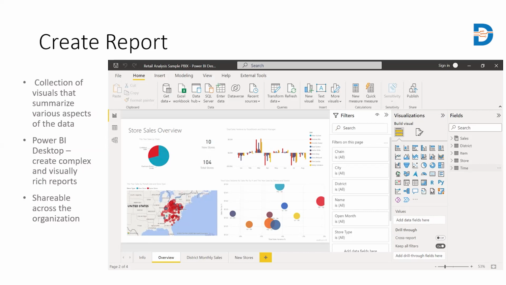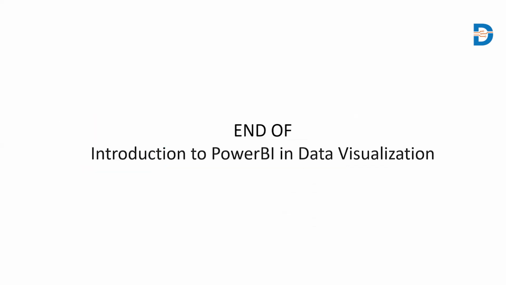A report can have one or more pages, just like an Excel file can have one or more worksheets. More often, we will want to create a collection of visuals that show various aspects of data rather than seeing one chart or one graph, and this is made very easy with Power BI.